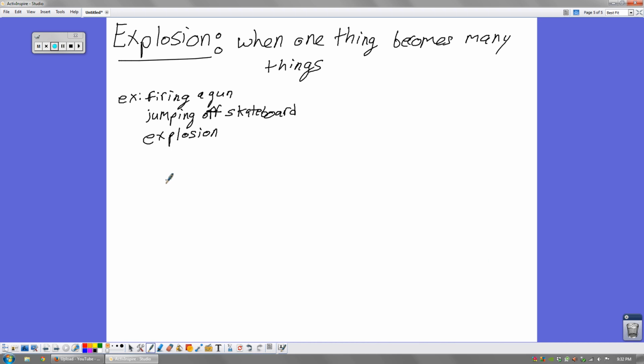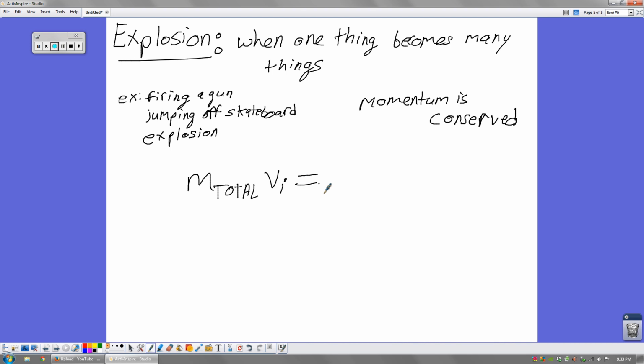In any case, momentum is conserved. Because it's exactly like a collision. Conserved. It's exactly like a collision, but backwards. So, we start off with our total mass, and whatever its initial velocity is, and then it explodes.